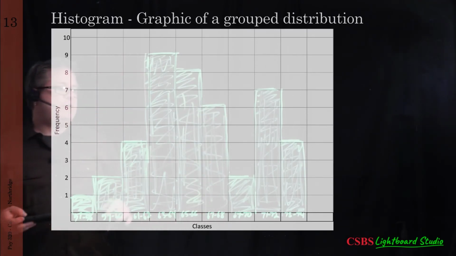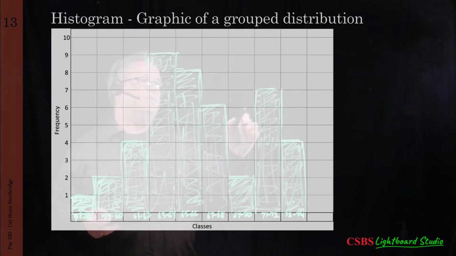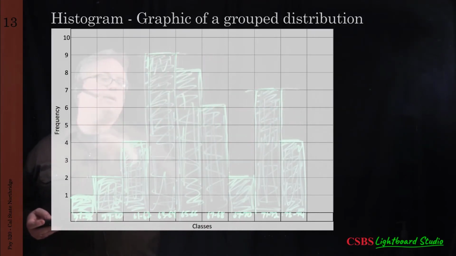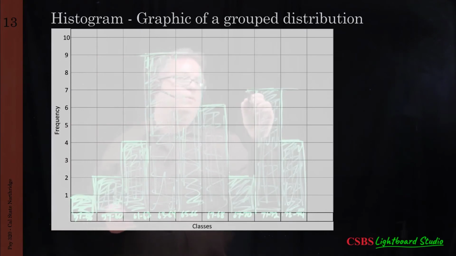We still get this idea that it does seem to be two humps, right? There's different things here, but because of the shift from individual scores to classes, it gets a little bit lost because it looks like we have one most frequent, and then another smaller most frequent, but they're not at the same height as they were when we did it individually.